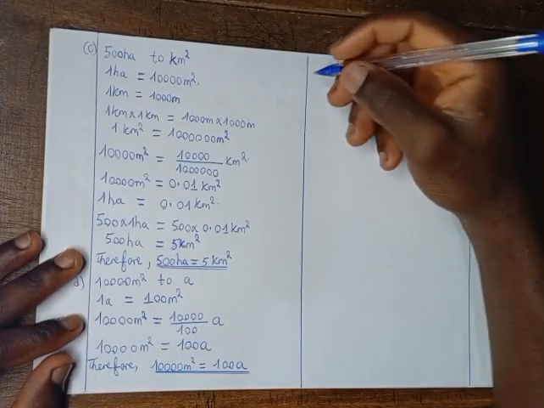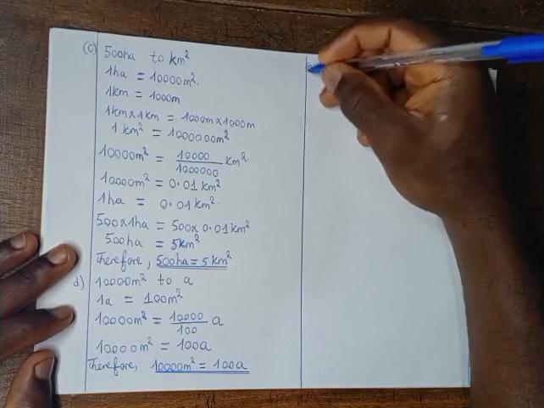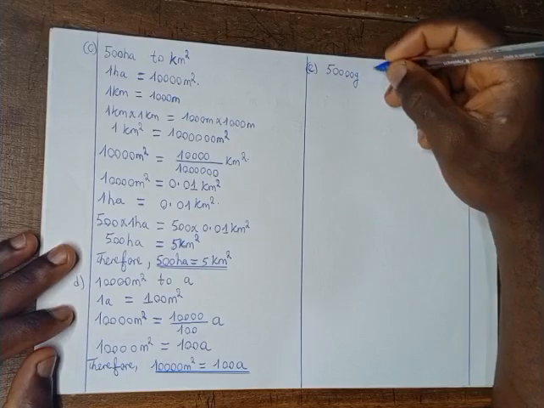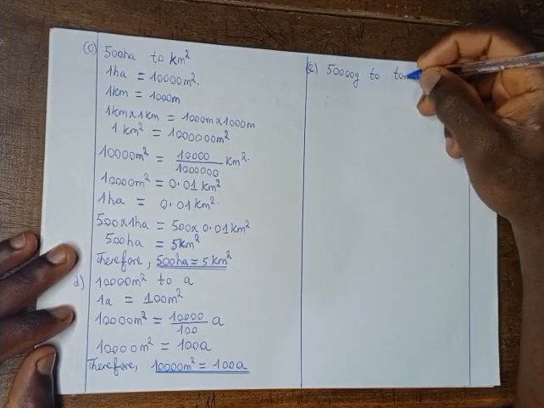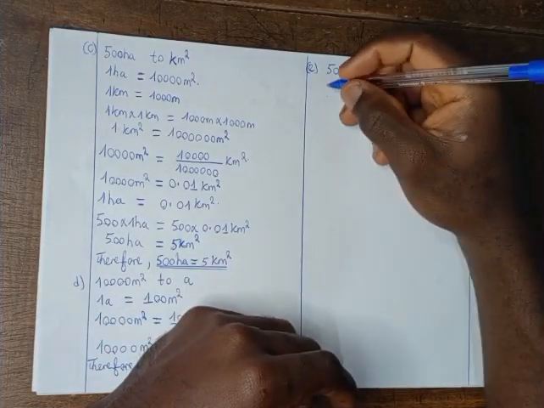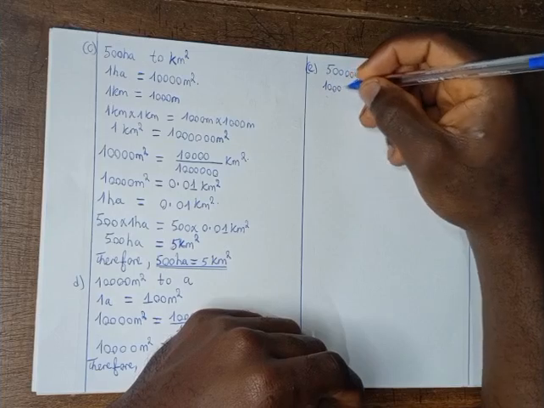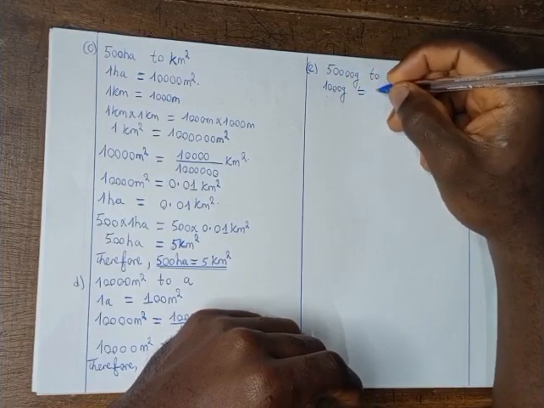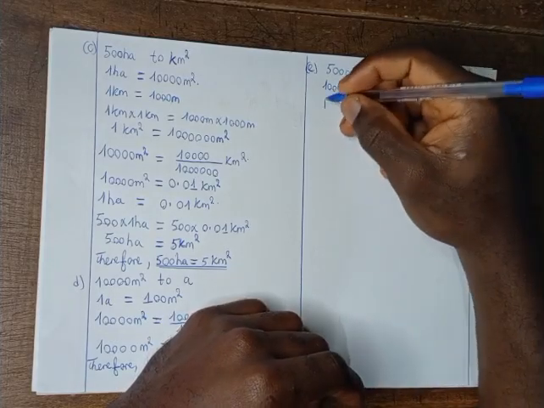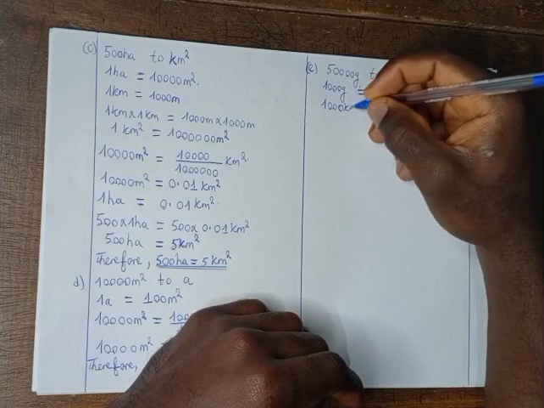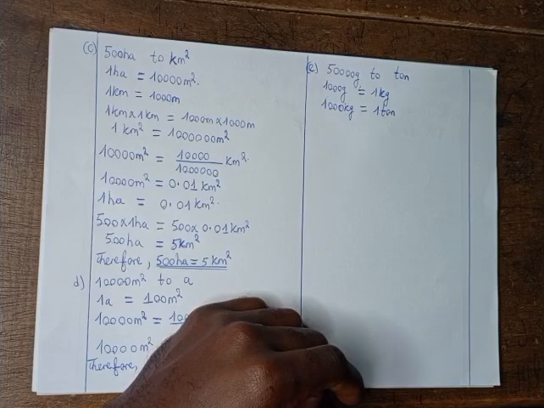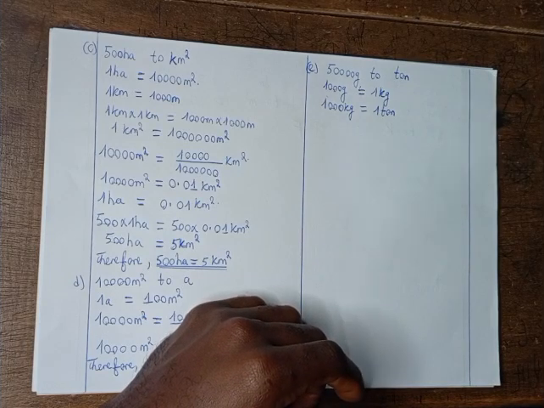Next, now we go to E. Question E. For E, we have to convert 50,000 grams to tons. First, we know that 1,000 grams is equal to 1 kilogram. Next, we know that 1,000 kilograms is equal to 1 ton. First, we need to start by converting 50,000 grams to kilograms.